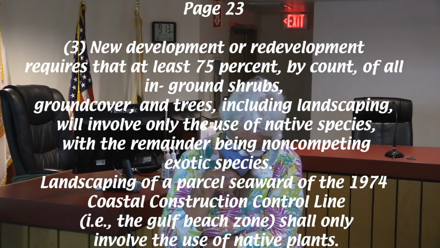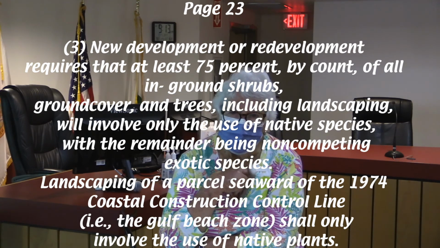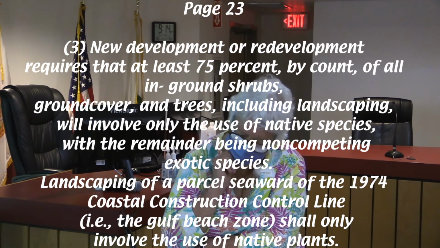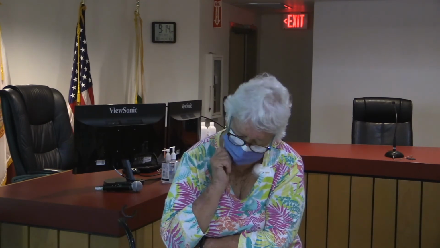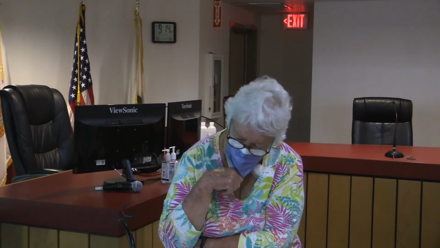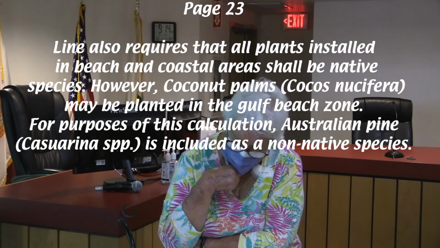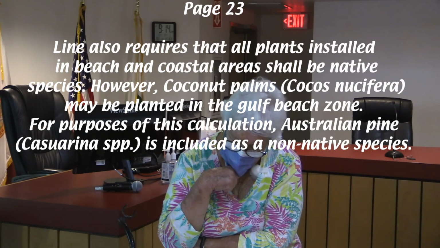Landscaping of a parcel seaward of that CCCL line, which we can think of as the beach Gulf zone, shall only involve the use of native plants. And the Florida Administrative Code, and it gives you the number there, also requires that all plants installed in beach and coastal areas shall be native species.